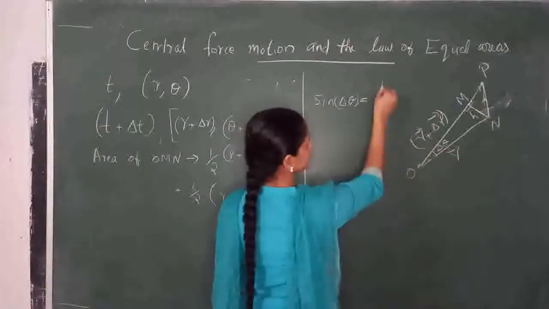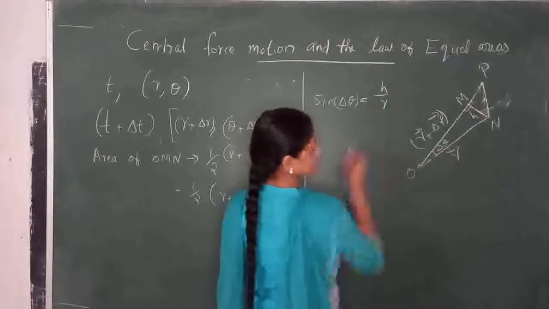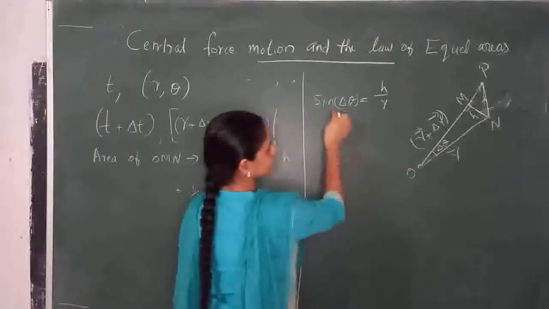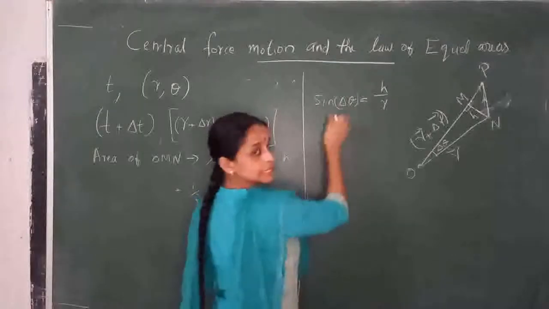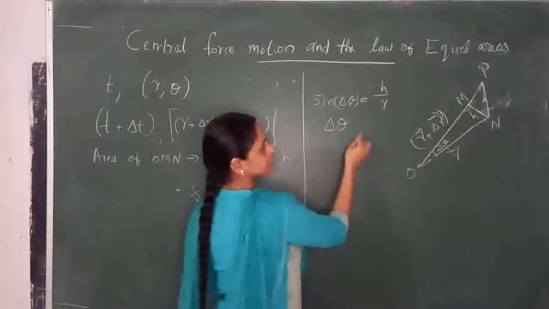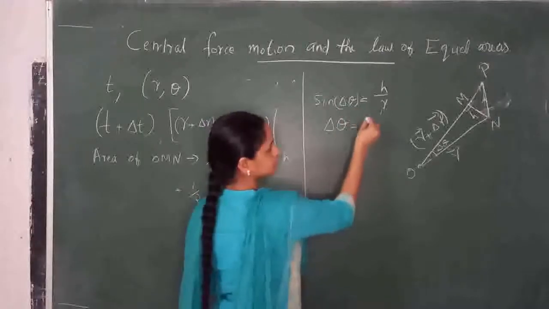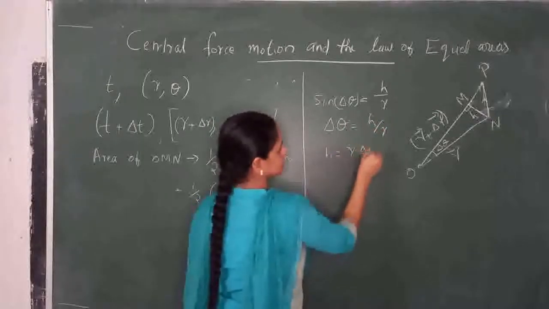What is sin delta theta? H by r is sin delta theta. Since delta theta is very small, we can say that sin delta theta is equal to delta theta. So delta theta is given by h by r, or h is equal to r delta theta.